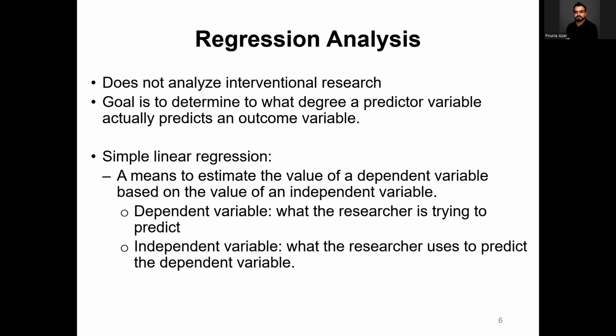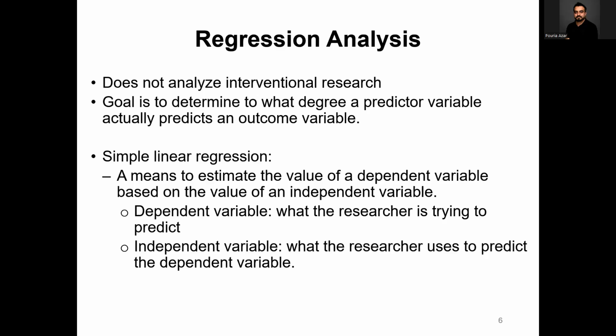Simple linear regression is a means to estimate the value of a dependent variable or outcome variable based on the value of an independent variable or predictor variable. So here it is simple linear regression. We have only one independent variable. The dependent variable is the variable the researcher is trying to predict.